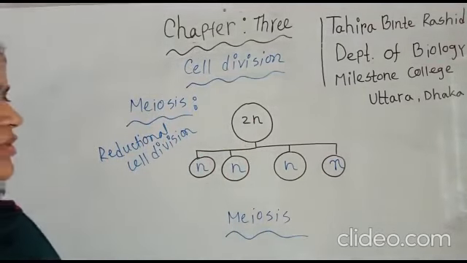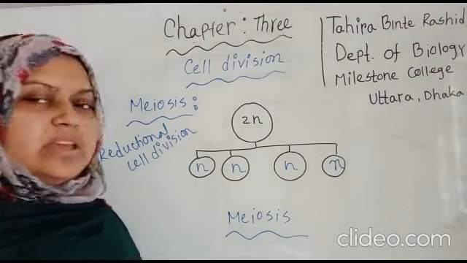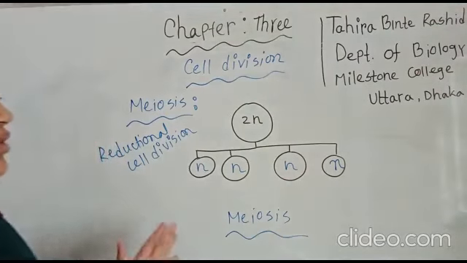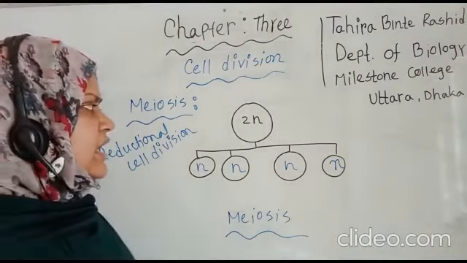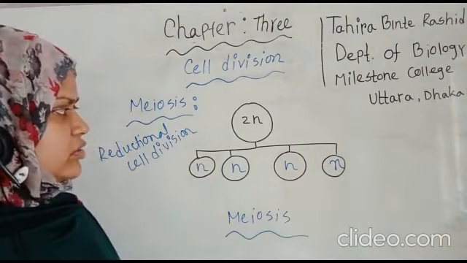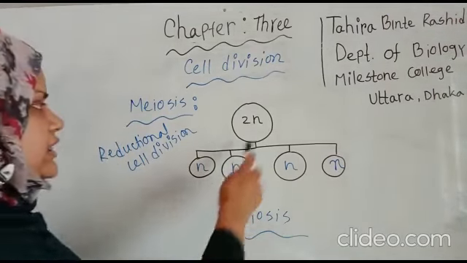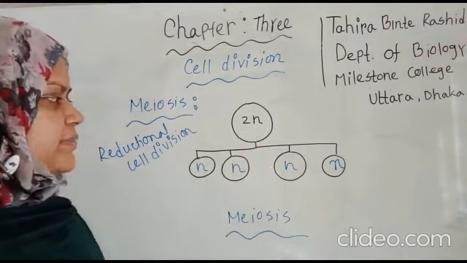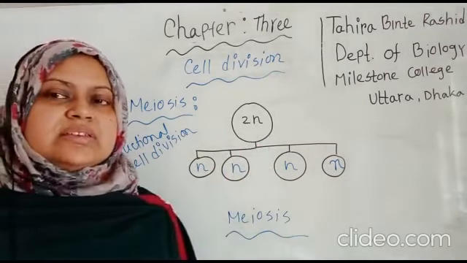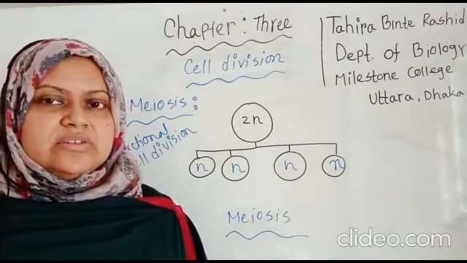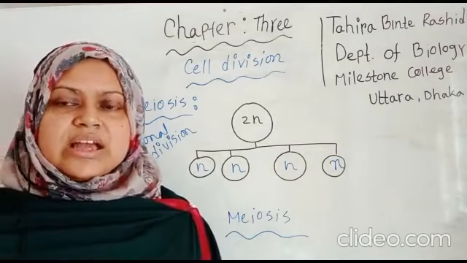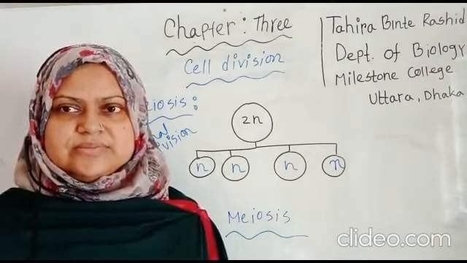So the number of the chromosomes become half in the daughter cell than that of mother cells. As the chromosome number become half in the daughter cell than that of the mother cells, that's why meiosis cell division is also known as the reductional cell division.